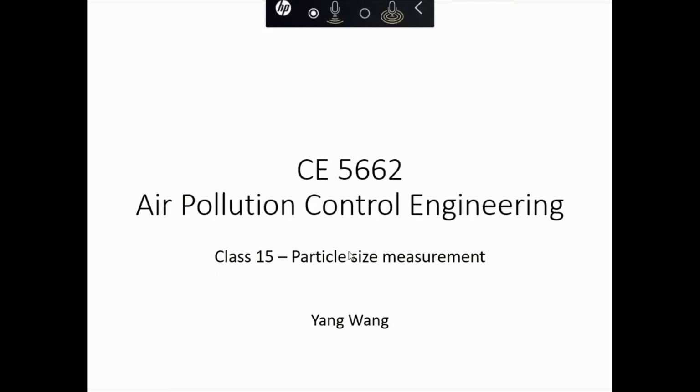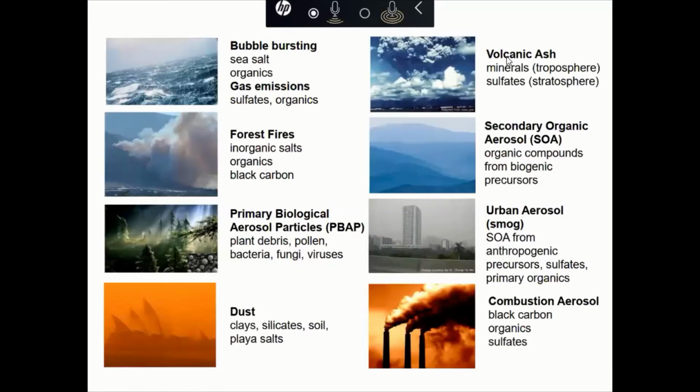So in this class we're going to review, or introduce, a few currently used particle size measurement instruments. First, we can briefly introduce the sources of the particles that we're interested in.